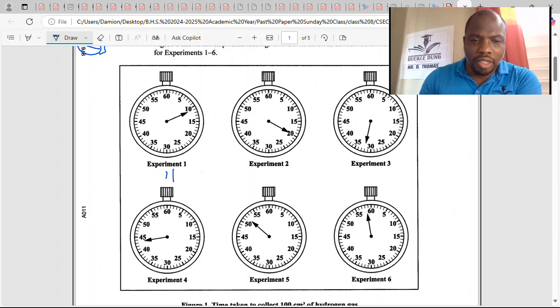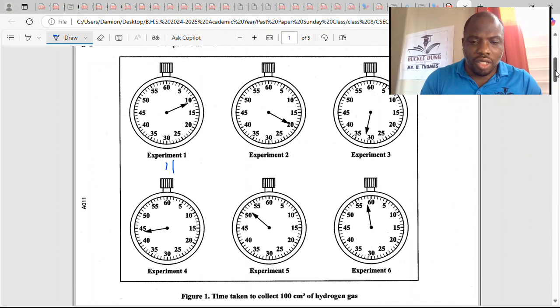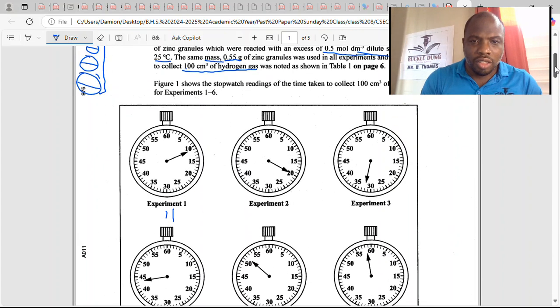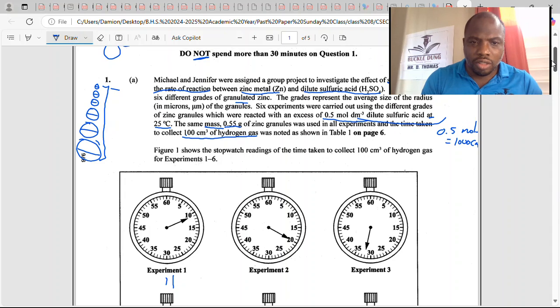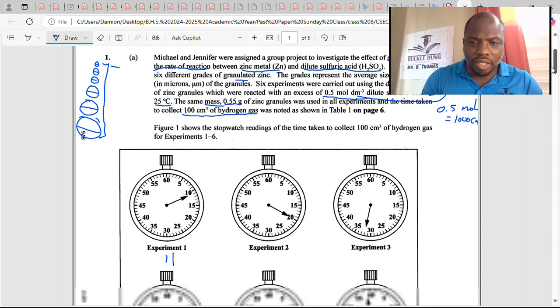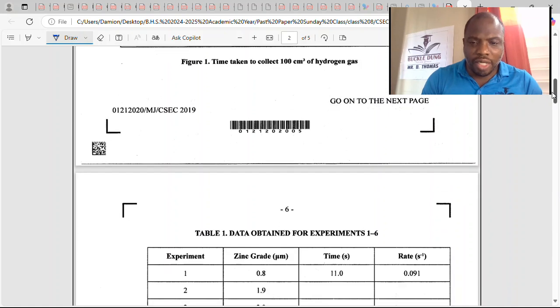How long did it take? Oh, 11 seconds. Let's look back at seconds and minutes. They didn't mention if it's seconds, but it's more than likely seconds.